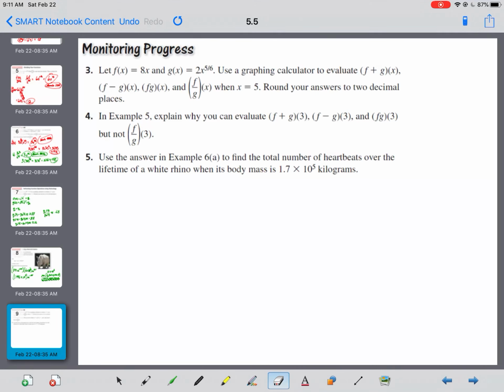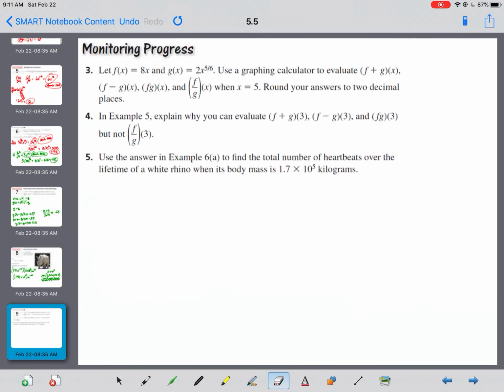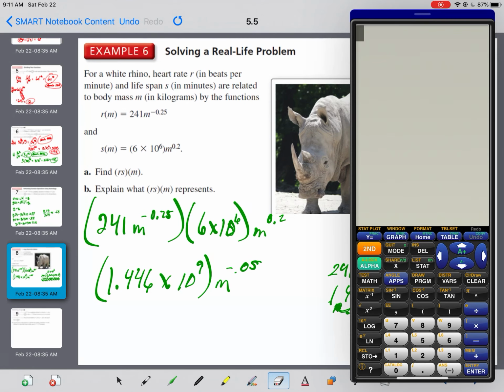Use the answer in example 6a, so that was back here with the rhino. Boom. And find the total number of heartbeats over the lifetime of a white rhino when its body mass is 1.7 times 10 to the 5th kilograms. Okay, so we just have to take that number, 1.7 times 10 to the 5th, and plug it into this equation for m.